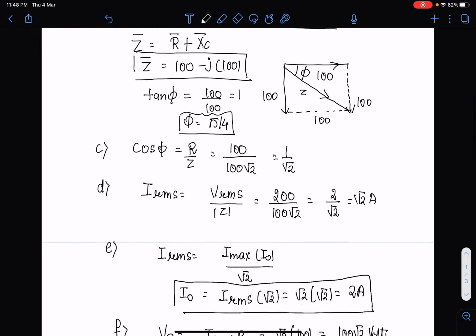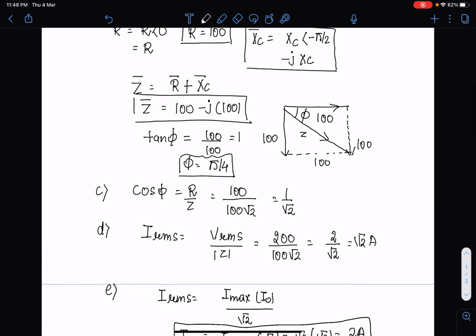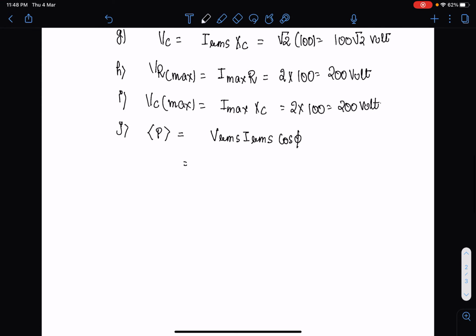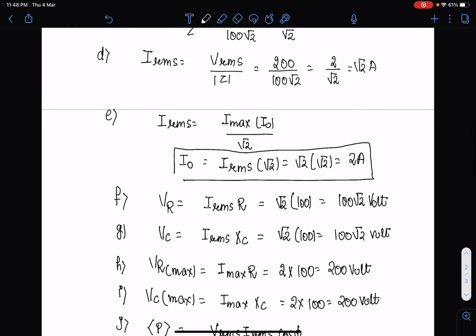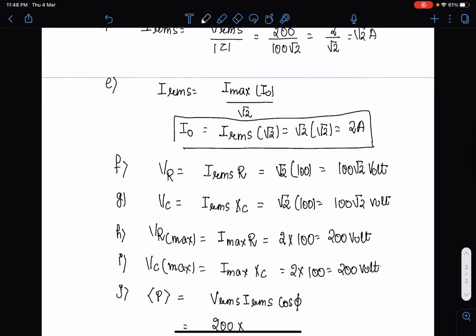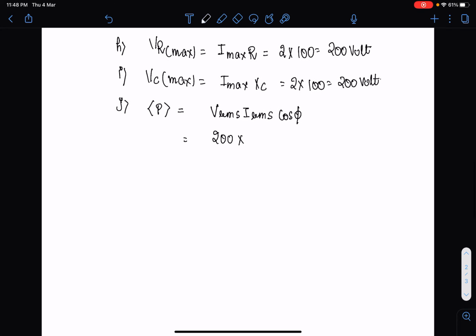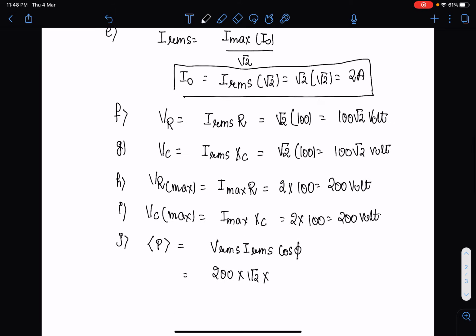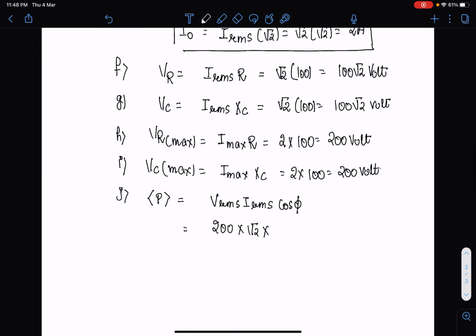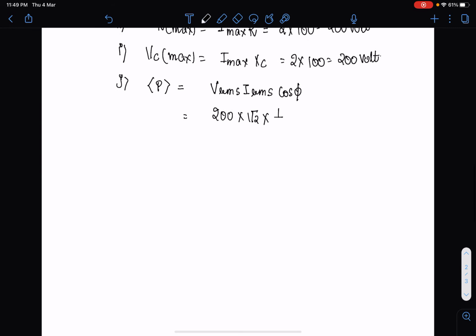Now the value of VRMS we know, it is 200 volt, right. So write 200 volt, 200 into IRMS. What is the RMS value of the current? IRMS is √2, so √2 into cos phi. What is the value of cos phi? We have calculated cos phi as 1/√2. So √2 cancels, and average power is nothing but 200 watt, right. That is the average power.